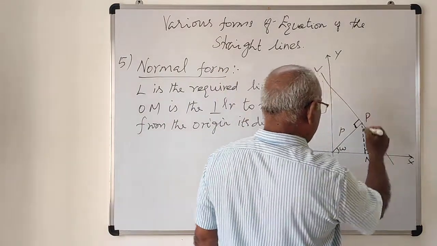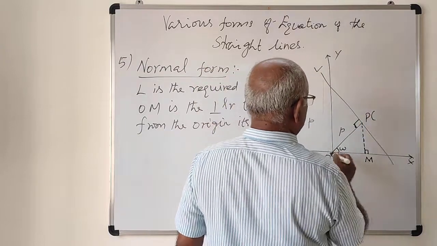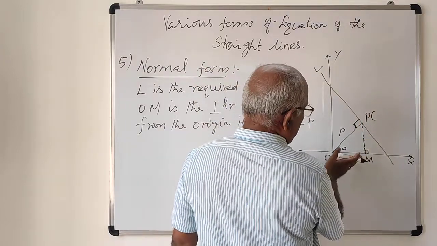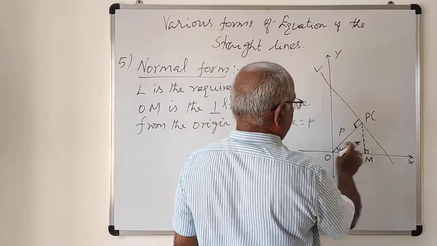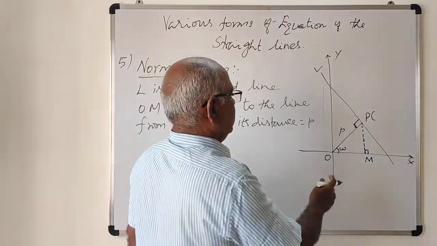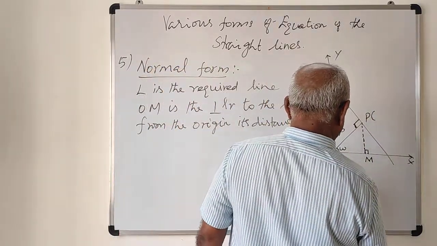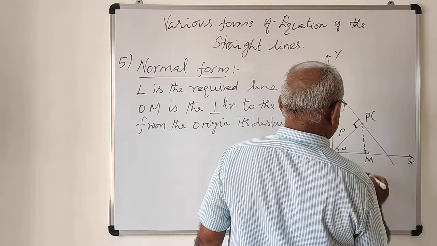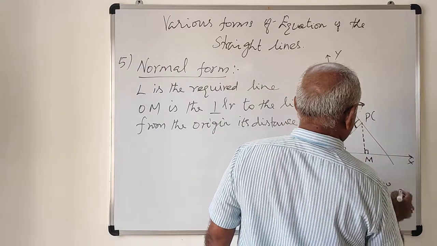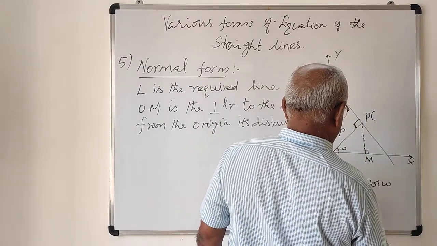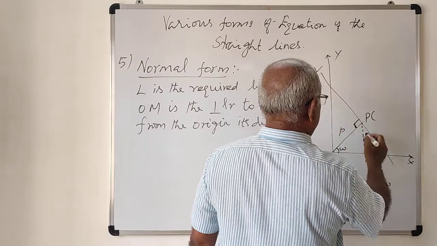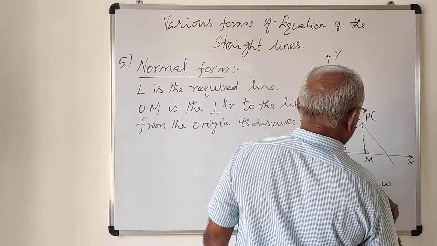So we have to find out the coordinates of P. Since OMP is a right angle triangle, OM is the adjacent side, so this is cos omega, and PM is the opposite side, so it is sin omega.